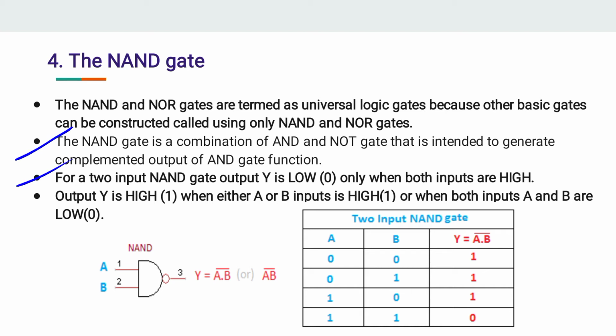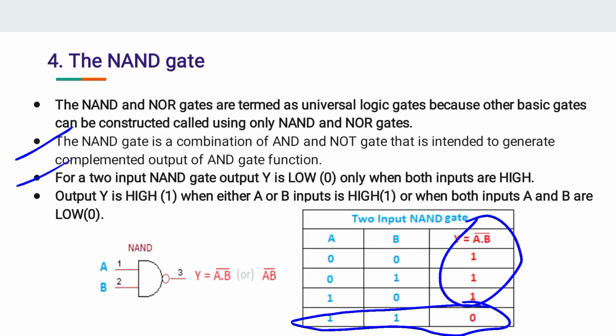For a two input NAND gate, the output will be low when both the inputs are high. See here, the output will be 0 or low when both the inputs are high. Otherwise, the output will be high.